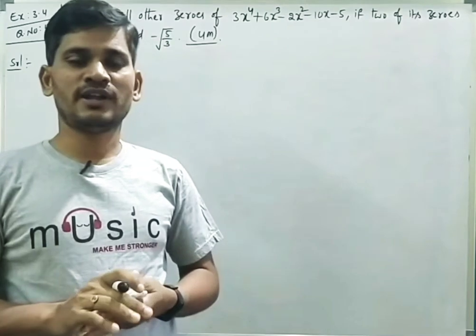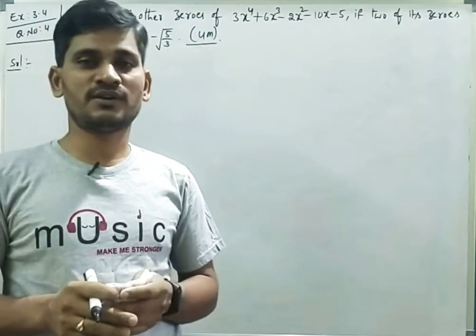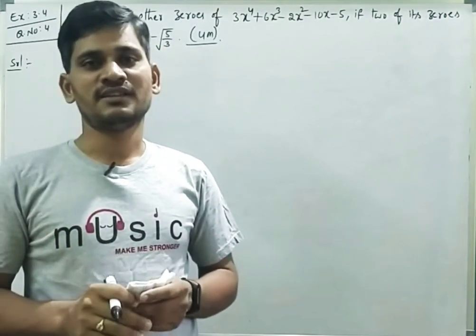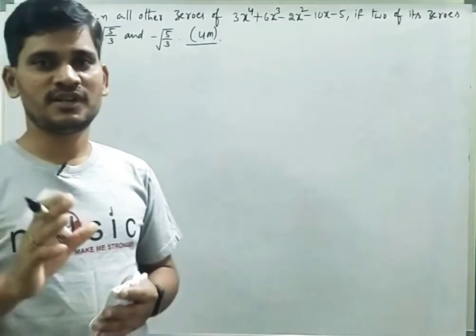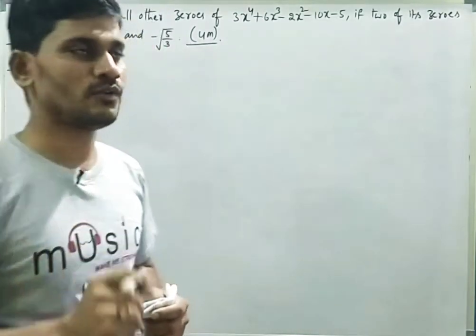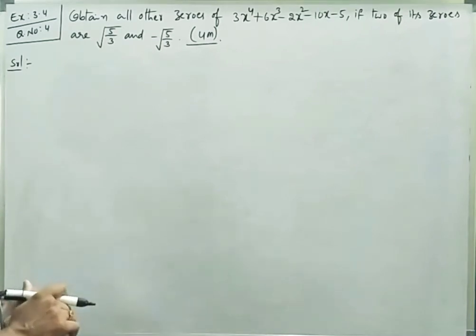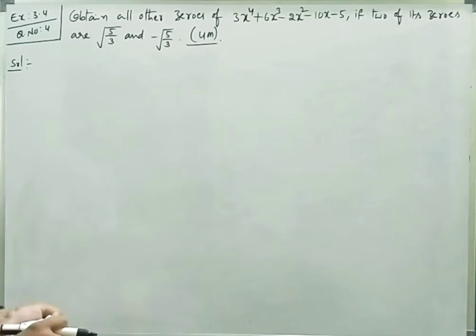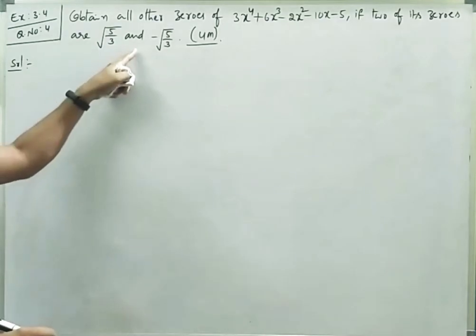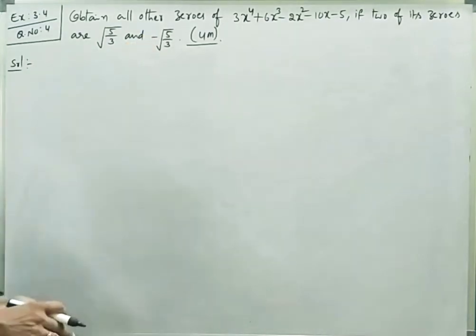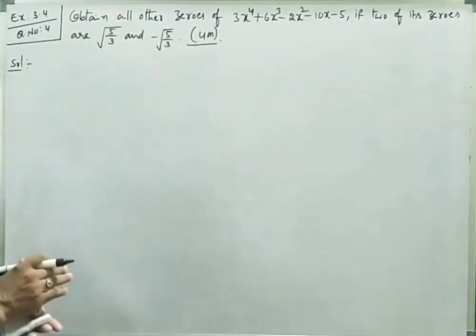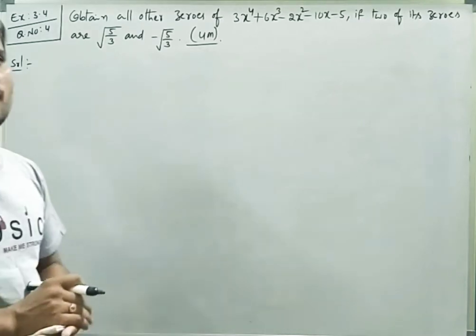Today I would like to discuss one important question from polynomials, regarding the division of polynomials. Let us see the question. Obtain all the zeros of 3x power 4 plus 6x cubed minus 2x square minus 10x minus 5 if two of its zeros are root of 5 by 3 and minus root of 5 by 3, which is very important for 4 marks.